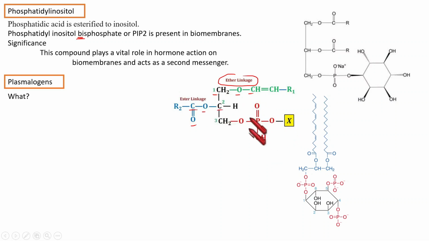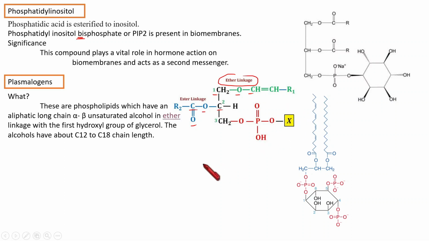And phosphoric acid is here, and this X represents either choline or ethanolamine.